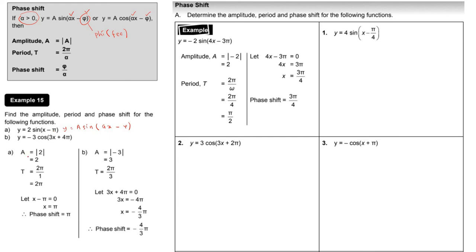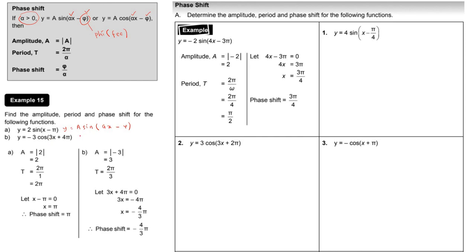From there we get amplitude 2. To find period, 2 pi over alpha, so 2 pi over 1 equal to 2 pi. And then the easiest way to find the phase shift is just to take a value inside bracket. So here we have x minus pi equal 0, x equal pi. So phase shift equal pi.